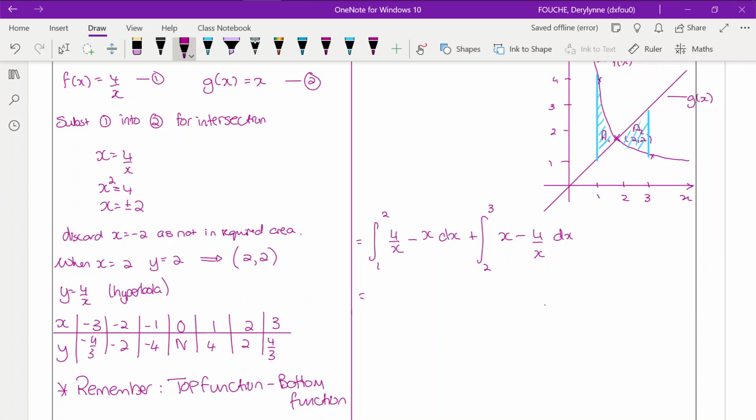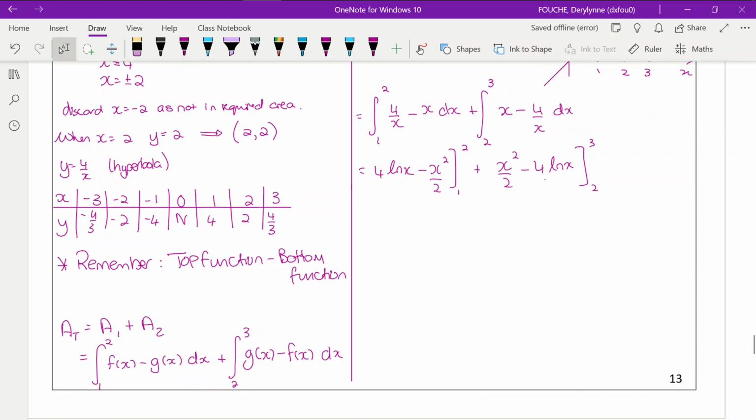So remember, our integral of 1 over x is ln x, so it's going to be 4 ln x minus x squared on 2 between 1 and 2, plus x squared on 2 minus 4 ln x, and that's between 2 and 3. And we can substitute in, so we get 4 ln 2 minus 4 on 2.